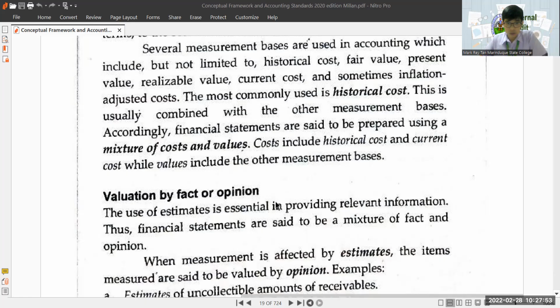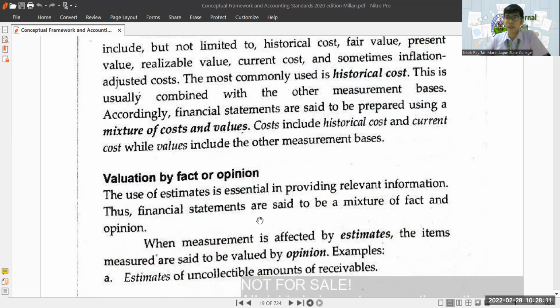Okay, valuation by fact or opinion. Sige, basahin natin. The use of estimates is essential in providing relevant information. Thus, financial statements are said to be a mixture of fact and opinion. Okay?